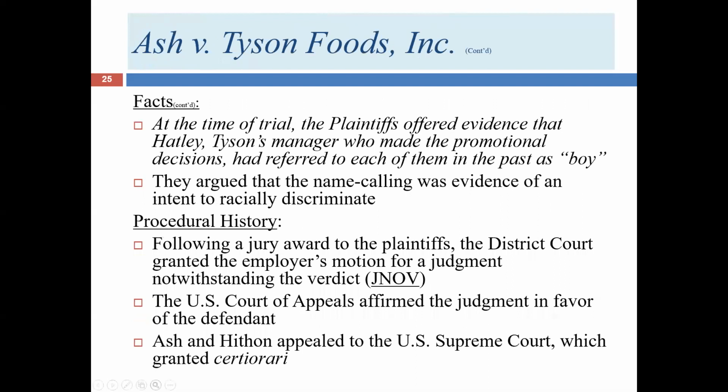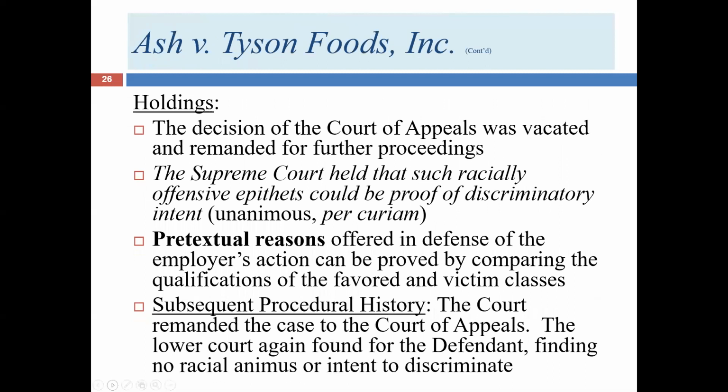And so the plaintiffs were able to have the case remanded back to the trial court, saying that these racially offensive terms, epithets, could be evidence of discriminatory intent. In this particular case, though, it didn't actually help the plaintiffs, because when it was remanded, the trial court found that no, there was no racial animus or intent to discriminate in this particular fact pattern.